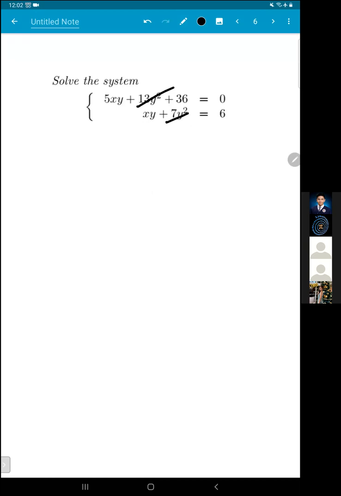If you do that, you'll get an equation in x and y that will make things more complicated. So actually, what you have to eliminate here is xy. So you multiply the second equation by -5.